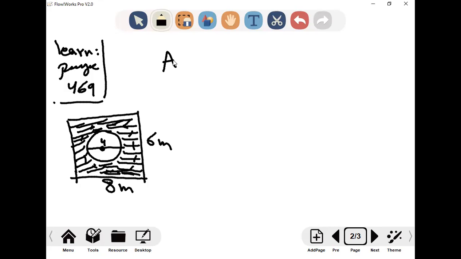A equals A rectangle minus A circle. See when we subtract? Sometimes we need to add like the previous examples, but here we need to subtract. So let's find it. A rectangle, yesterday we wrote the formulas.